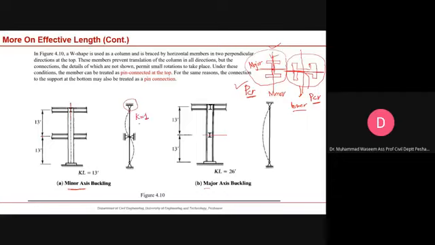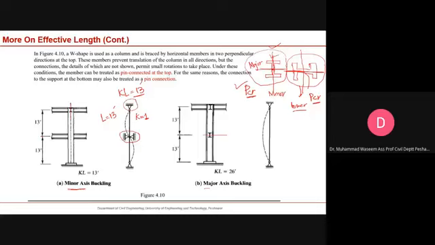And L is also 13 feet. If we want to calculate the KL value, the effective length, this will be 13 feet. We can visualize from this figure that this member can bend like this due to this bracing. And the effective length along the minor axis is about 13 feet.